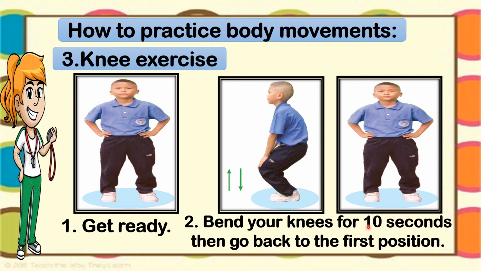So you need to count 1, 2, 3, 4, 5, 6, 7, 8, 9, and 10 seconds. And then go back to the first position. What is your first position? It's the getting ready, or you need to stand straight.